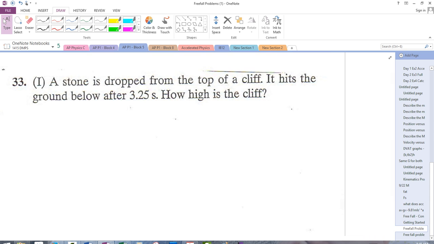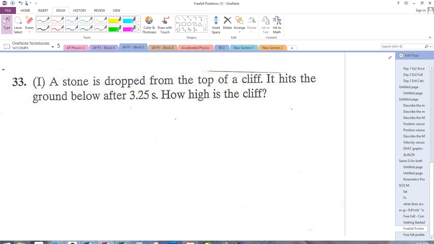All right, I want you to do this problem real quick. With your partners, go. Then you have a different acceleration.